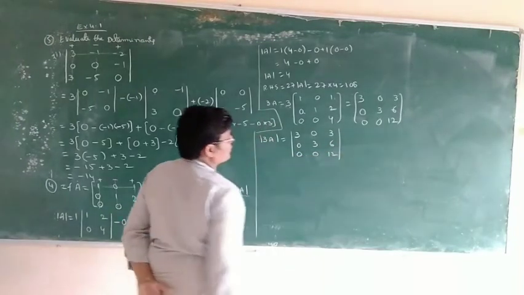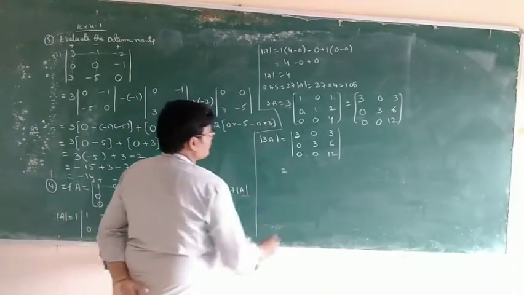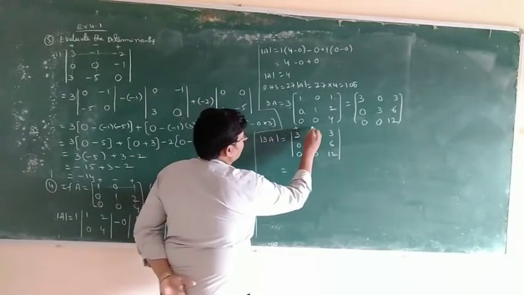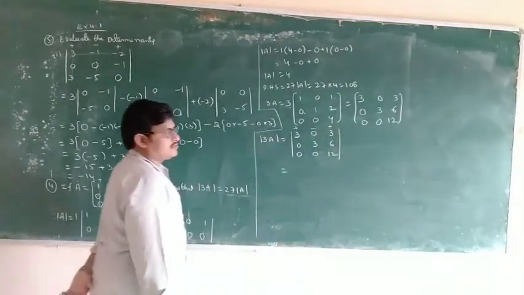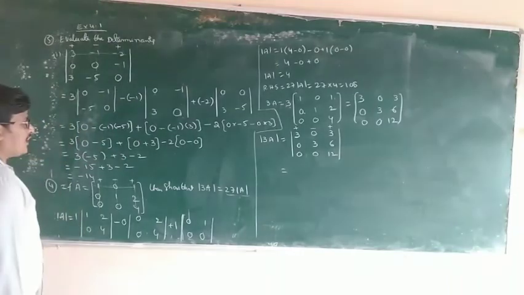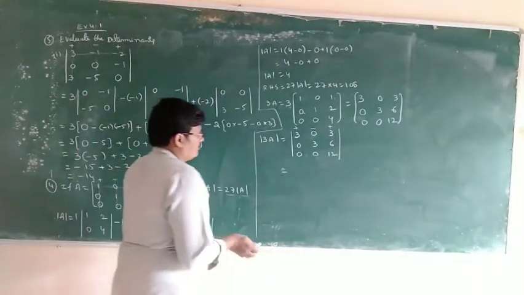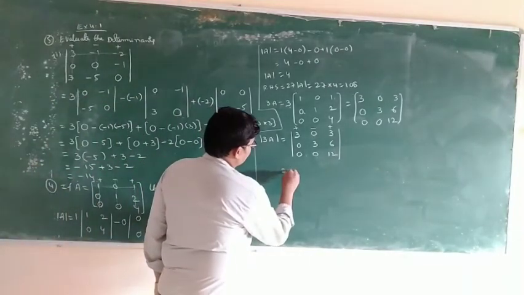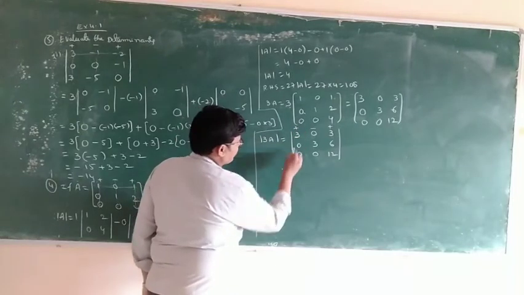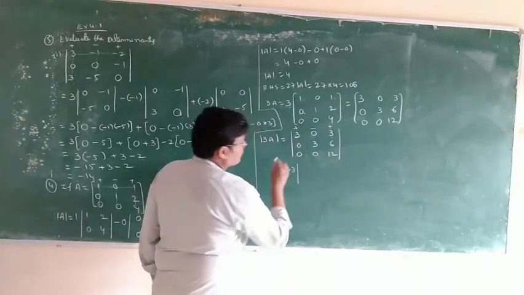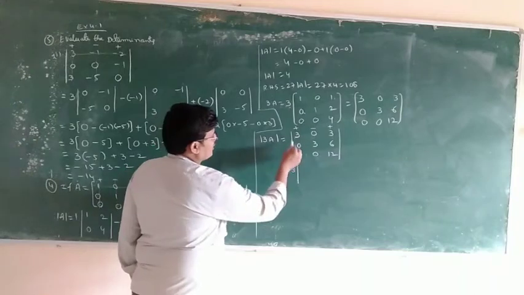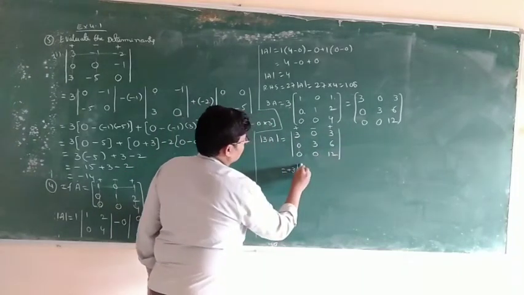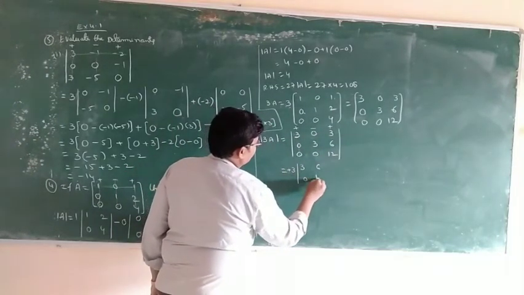So the determinant of 3A is equal to the determinant of the matrix 3 0 3, 0 3 6, 0 0 12. So that is equal to plus, minus, plus. Okay, plus 3 into the determinant of the remaining 3 6, 0 12.